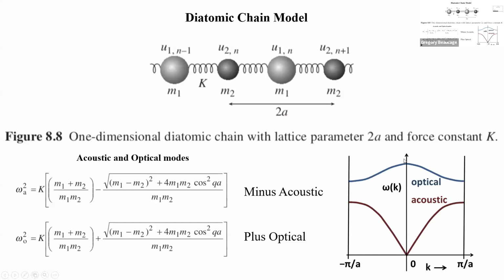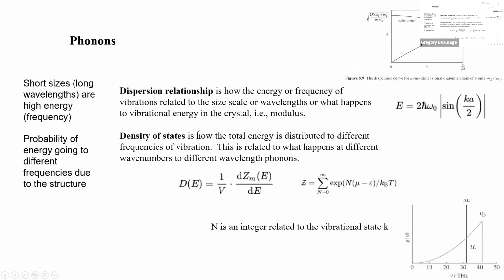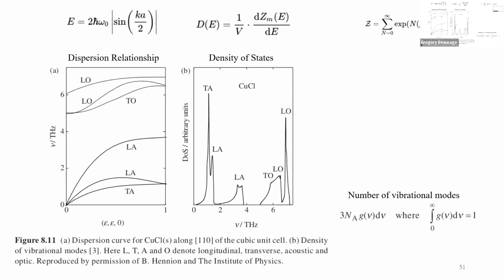You can see in those curves, these are just the acoustic modes. Here's an example. So your optical modes, when they get to zero, all have a value, and the acoustic modes all go to zero, right? And then they have various forms because of the atomic structure of the material.